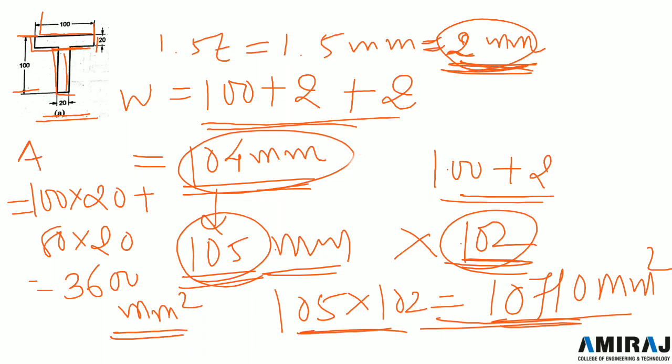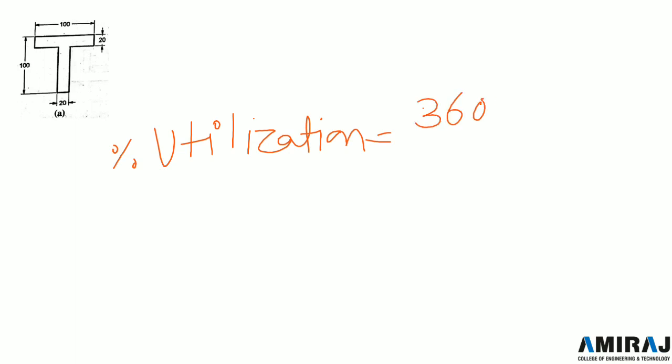So if we calculate the percentage utilization, it will be the area of the blank cut, 3600, divided by the sheet area.